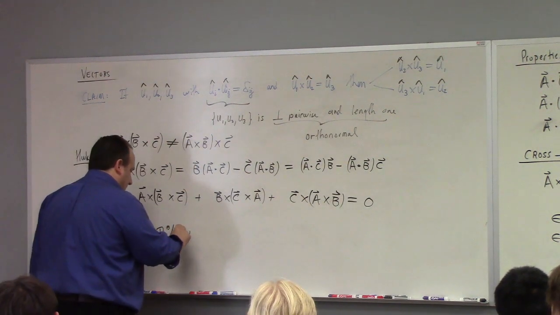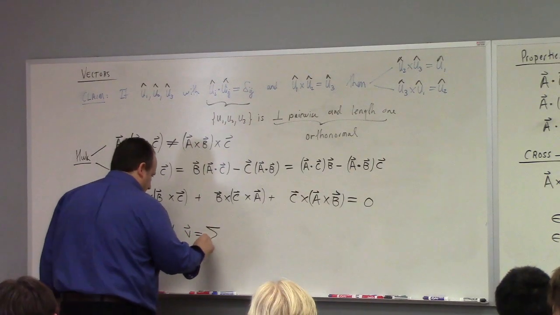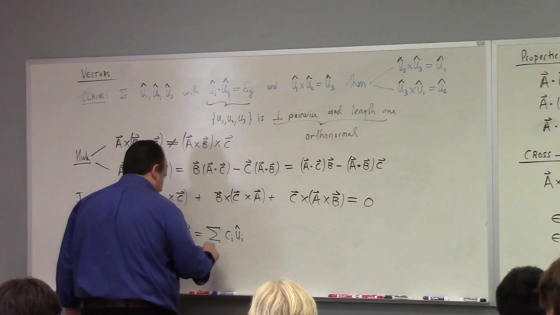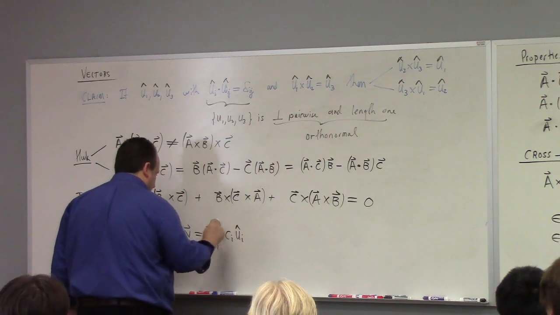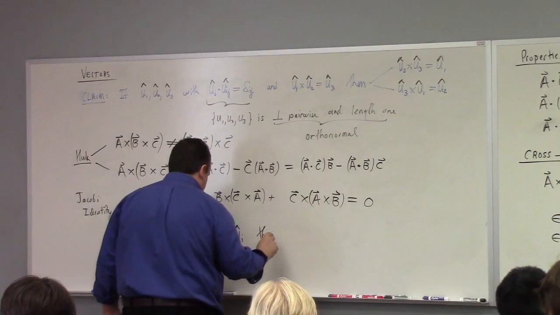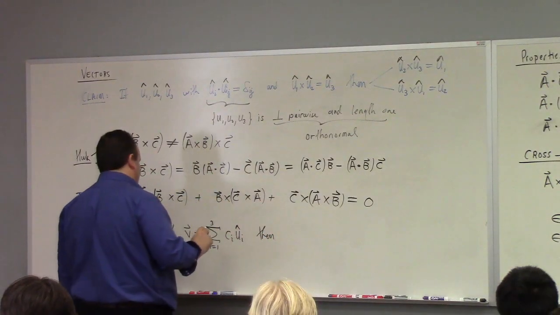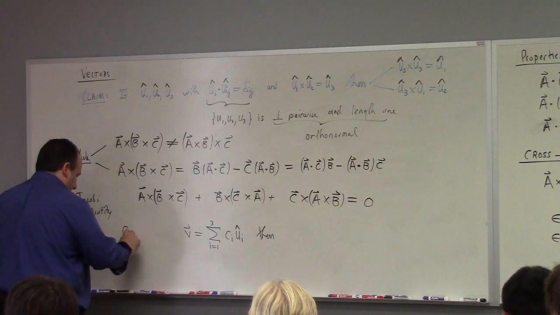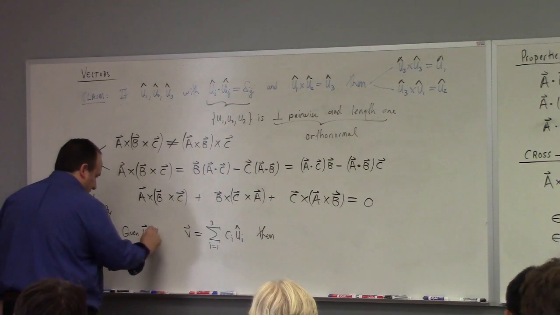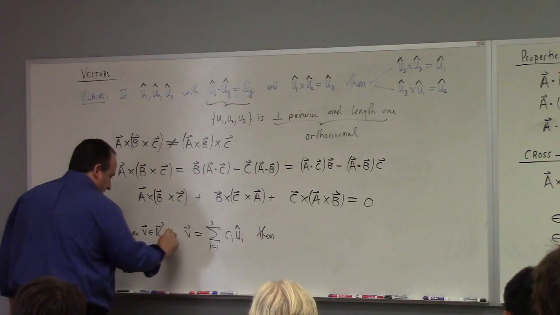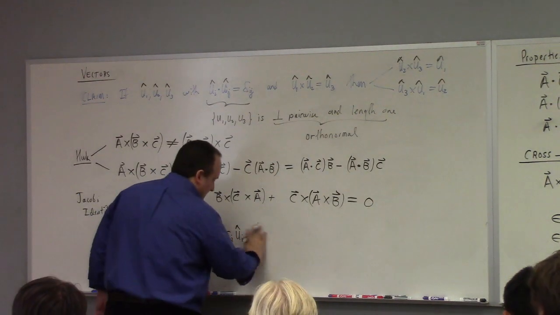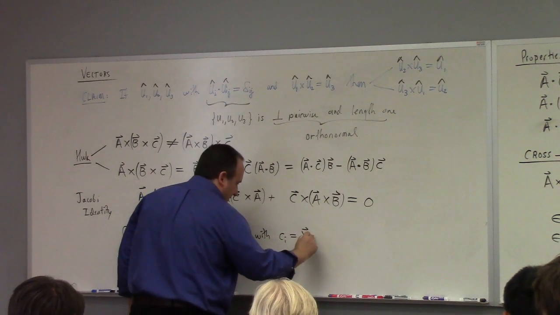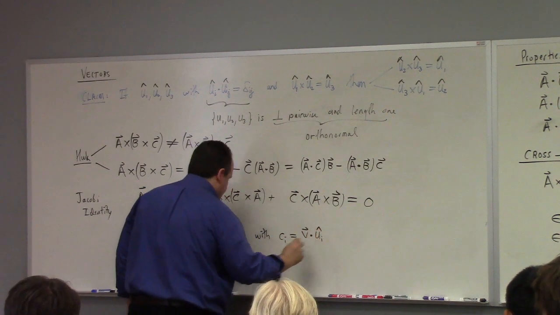If we have v equal to a sum of ci ui hat, then, well, let me say this theorem a different way. If v is a vector in R3, then v is equal to this with ci equal to v dot ui hat.